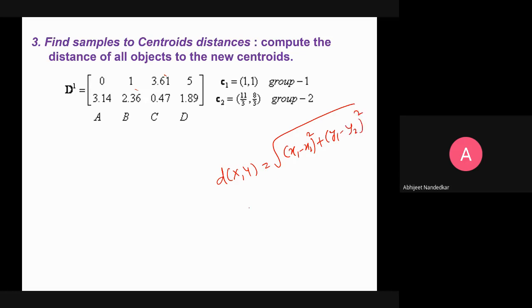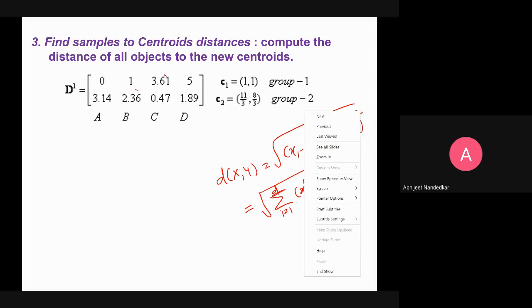If your data is of n dimensions, then you can write the sum over i equal to 1 to n of the squared differences, like that you can compute.